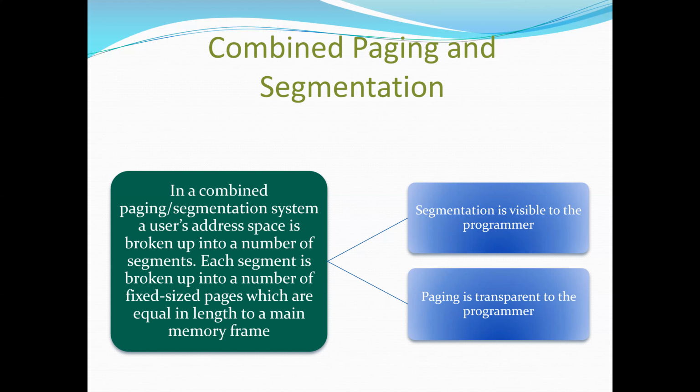A bit is needed in each segment table entry to indicate whether the corresponding segment is present in main memory or not. Now, if the bit indicates that the segment is in main memory, then the entry also includes the starting address and the length of that segment.